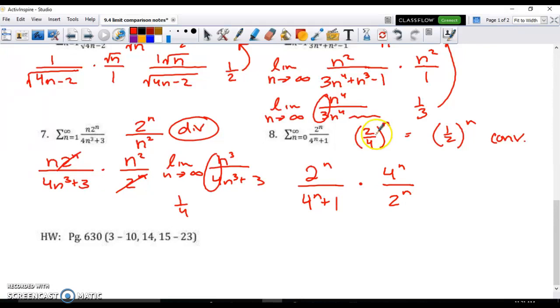Because if I have 2 over 4 to the nth, that's the same as 2 to the n over 4 to the n. These will cancel. We're going to have 4 to the n over 4 to the n plus 1. These match. They're exactly the same. So we're looking at that approaching 1. It's a non-zero number. So yes, it converges. Okay? All right, so that's pretty quick.